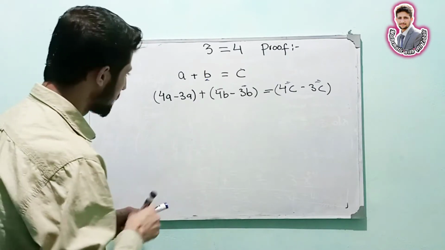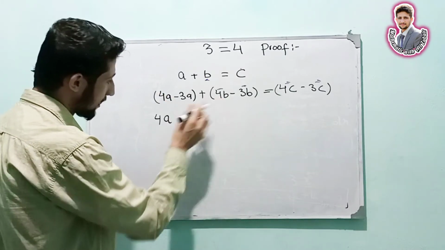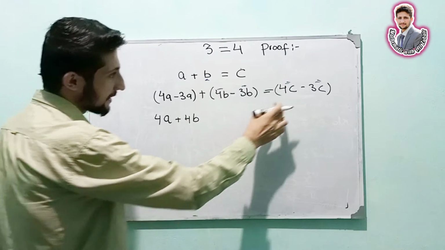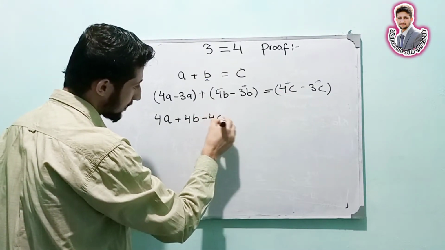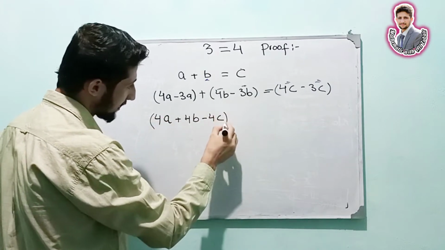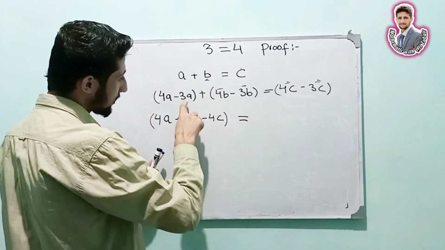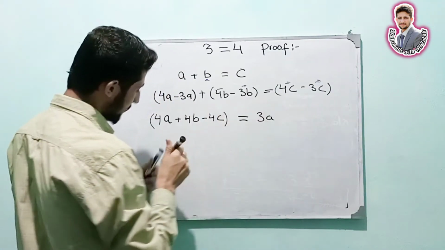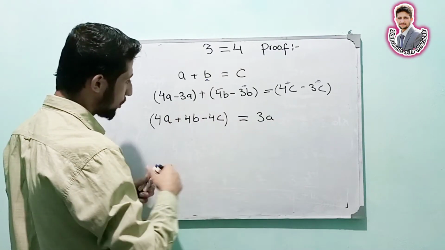Now what I am doing, I will take 4A plus 4B minus 4C, is equal to, I will put this 3A on the right side of the equation. The negative sign will change into a positive sign.